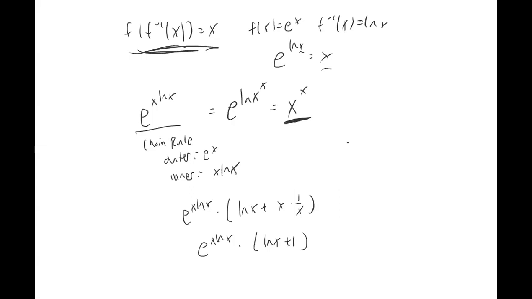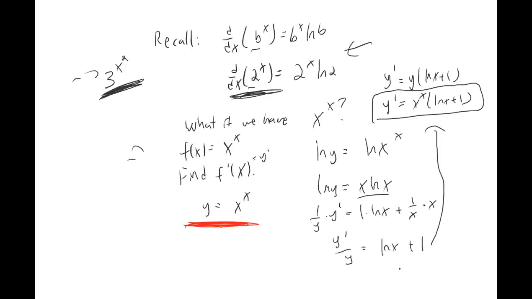Now e to the x ln x is x to the x. So this is equal to x to the x times ln x plus 1. Yeah, that was the answer, right?